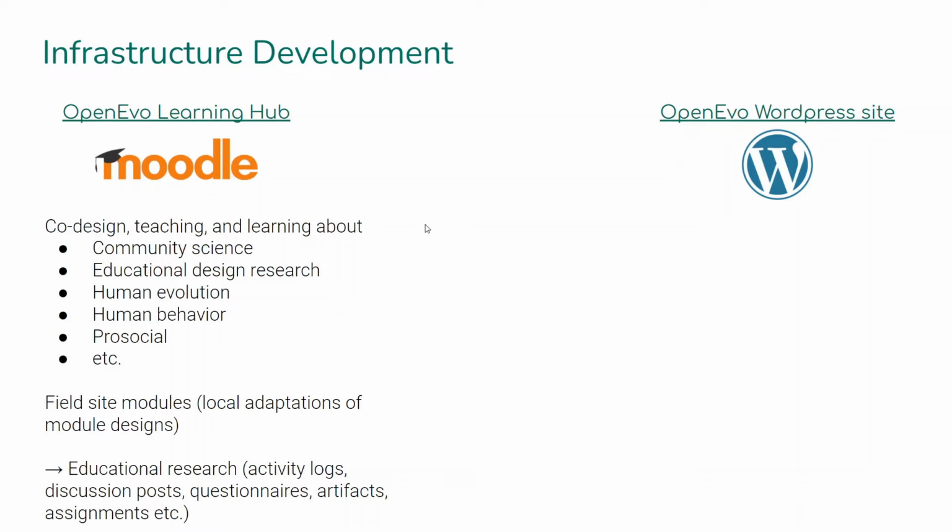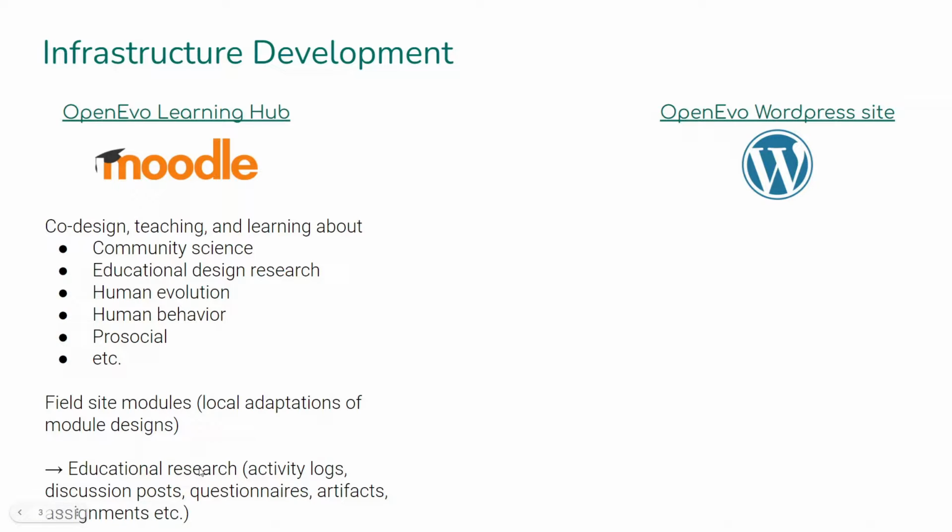The Learning Hub is supposed to be a place not just for ready-made modules, but also a co-design space for teaching and learning about things like community science, how to do community science, what some methods are, and how to implement and report it, educational design research, and also more thematic areas around human evolution, behavior, and prosocial, and so on. And also a space for field site modules, which are modules for local adaptations of certain module designs adapted to certain institutional contexts.